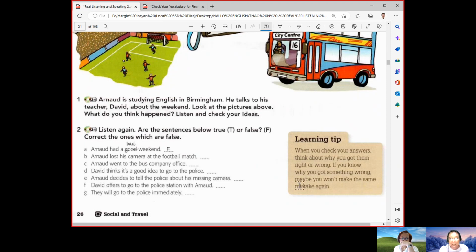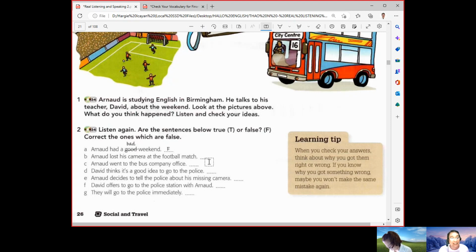Okay. Number one is false. Actually, Arnaud had a bad weekend. So it's false because it's not good, but it's bad. And number two, or letter B: Arnaud lost his camera at the football match.